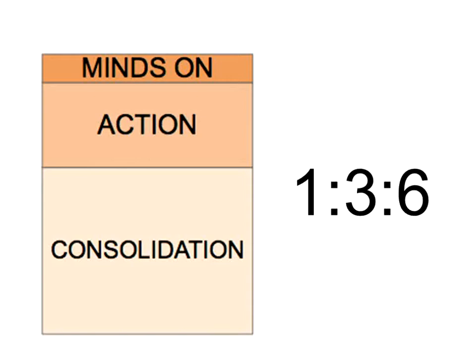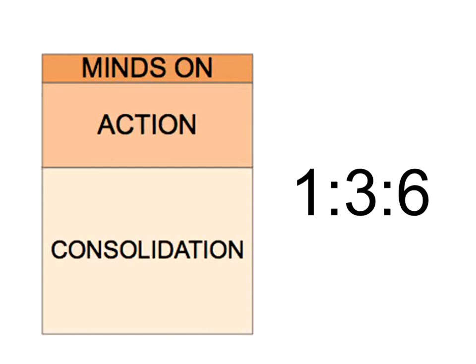And what we were finding as we started teaching through problem solving using this lesson structure, more typically teachers were doing about a 15-minute minds on, maybe a 30-minute action, and then a 5-minute consolidation. And all the research is saying it's in the consolidation phase of the lesson that the learning really happens.